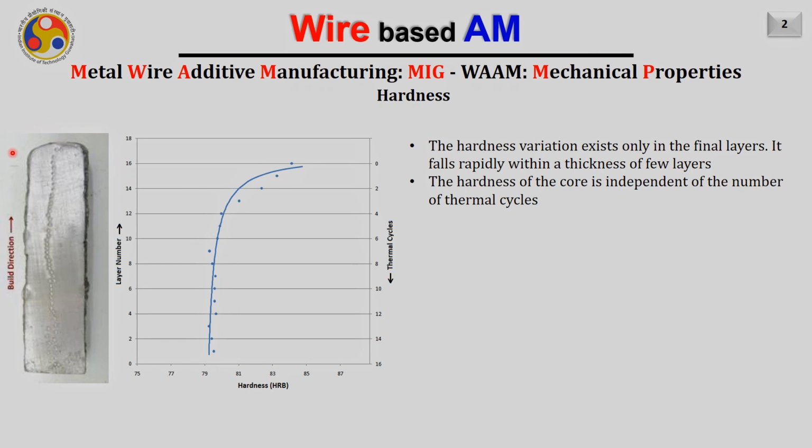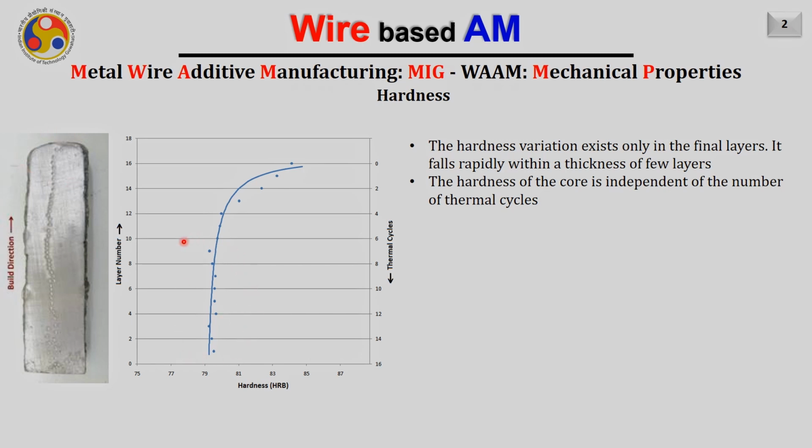The newly deposited layers don't go through many thermal cycles, and the top layer is definitely not going to go through any other thermal cycle. Therefore, the microstructure of the deposited material will usually be fairly fine, and due to the fine microstructure, the hardness will be high on the top layers and less on the bottom layers.